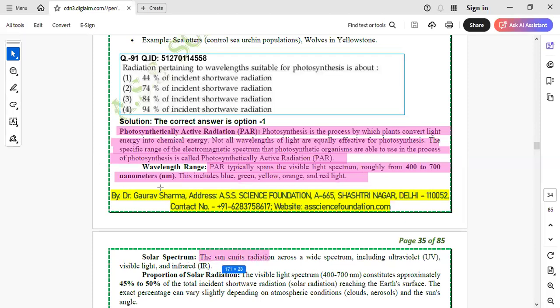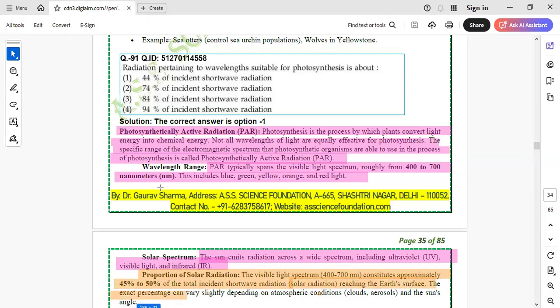Solar spectrum: when we talk about the sun, it emits radiation across a wide spectrum, including UV, visible, and IR. And the last portion is with the answer, right? The last portion says that the proportion of solar radiation in the visible light spectrum, 400 to 700 nanometer, constitutes approximately 45 to 50% of total incident shortwave radiation, which I told you is ISR, reaching the Earth's surface.